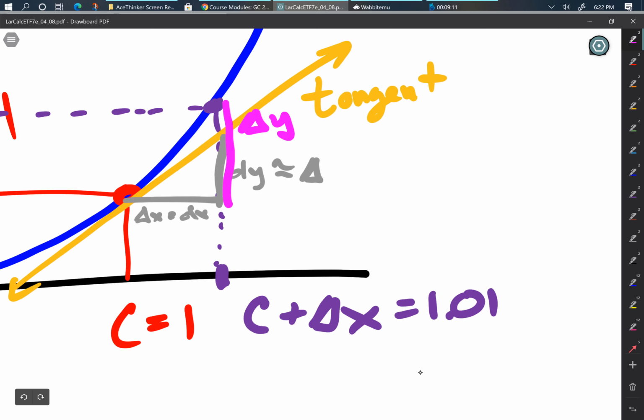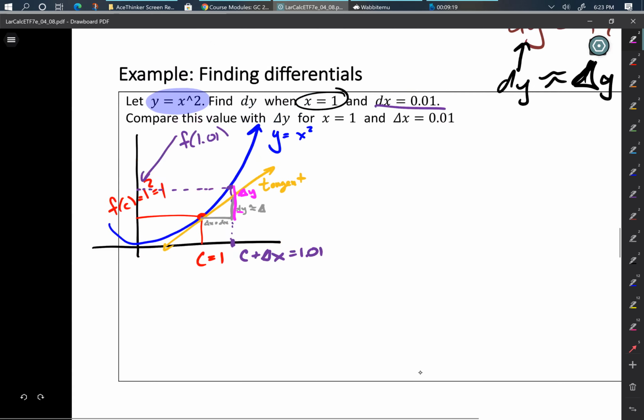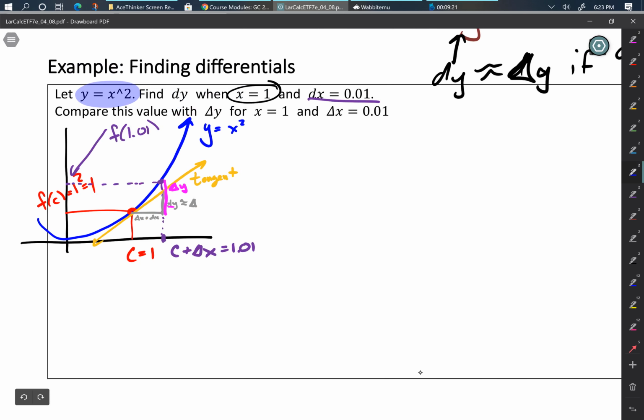That is the actual change in y. We're going to use this as an approximation for it. Okay? And then what does the definition say? Well, the definition says that dy is equal to f prime of the fixed point c times our dx.